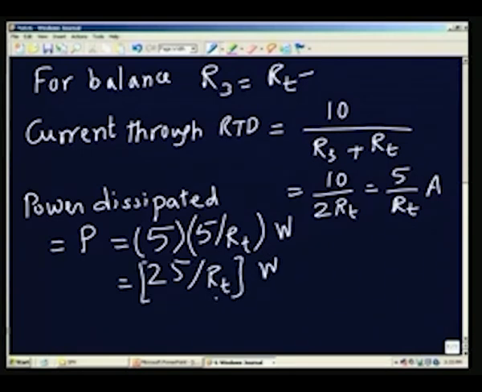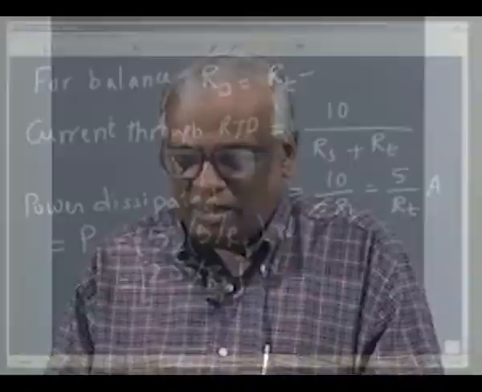Notice that I have used the symbol RT here, because the temperature should have been R0, at 0 degrees Celsius, but because of self heating it is not 0 degrees but slightly more. Therefore, it is RT. This temperature is still not known, and that is what we would like to first determine as a part of the problem.